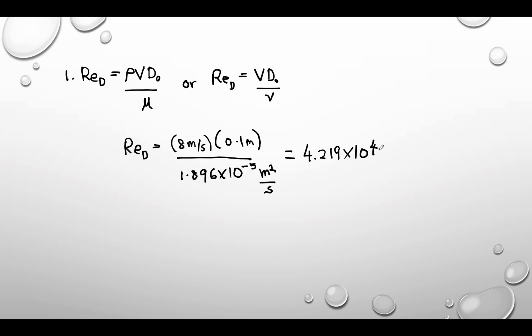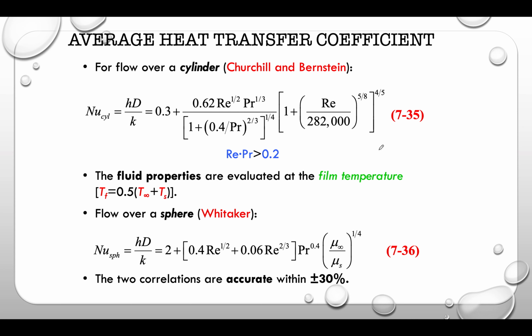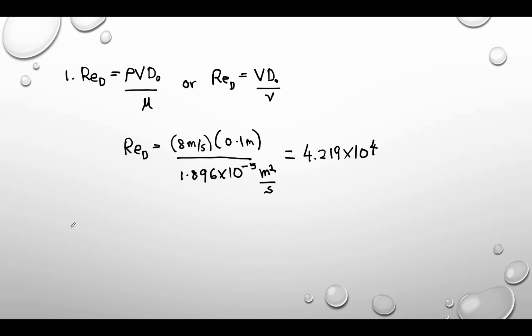Now we know that this question is for a cylinder, therefore for number 2, we substitute all the values into the Nusselt number for cylinder.